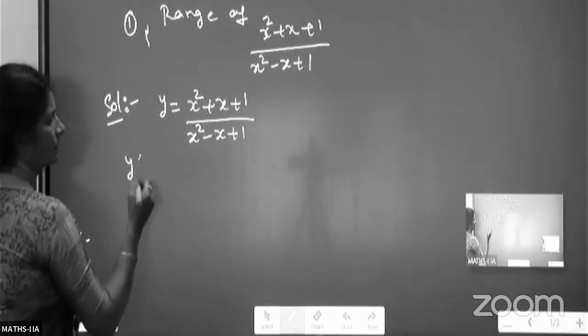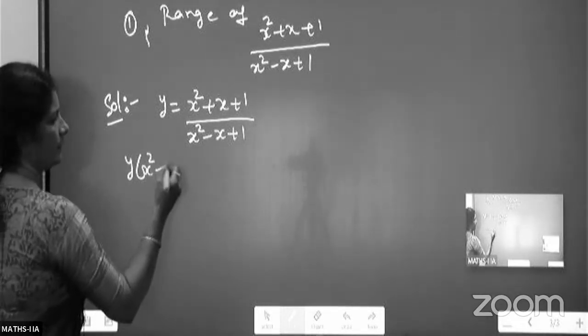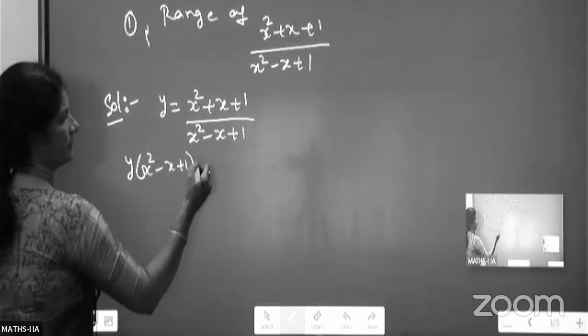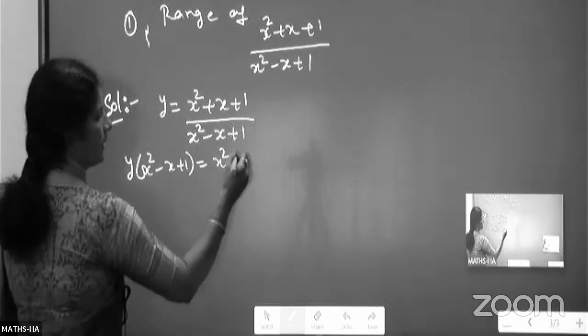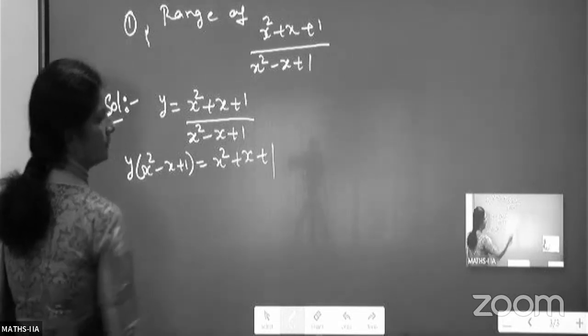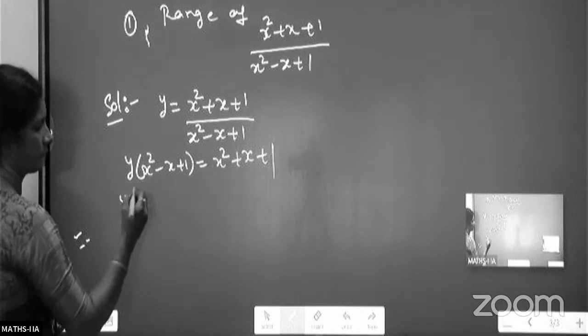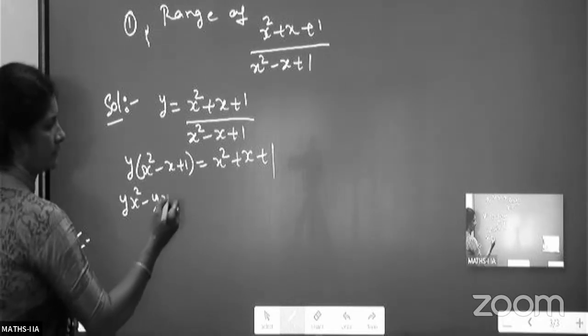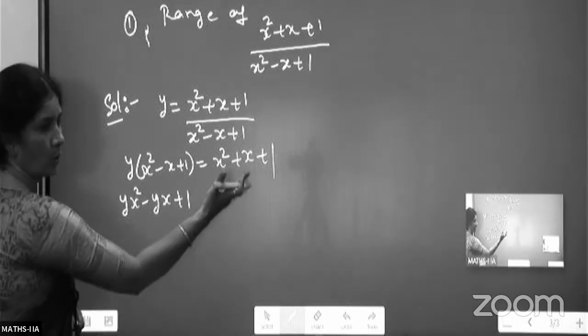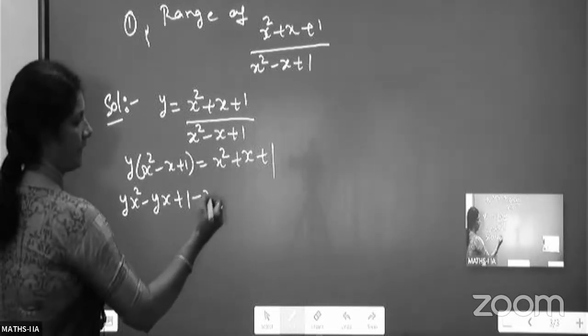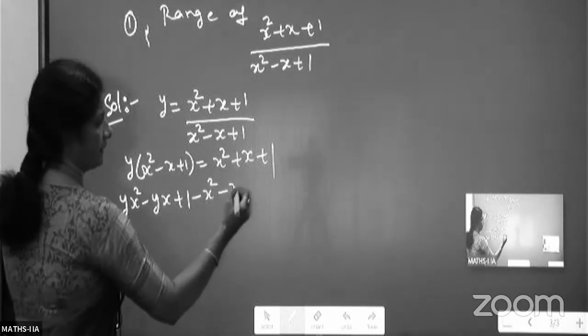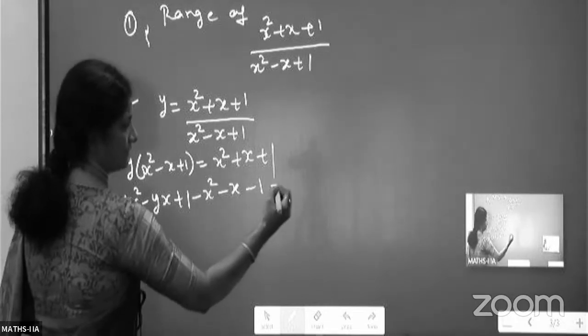So y into x square minus x plus 1 is equals to x square plus x plus 1. Now open up the bracket. Yx square minus yx plus y. Bring all the terms to the left side. Minus x square minus x minus 1 is equals to 0.